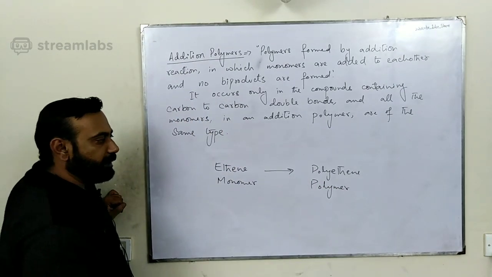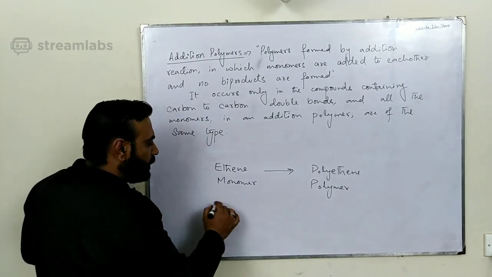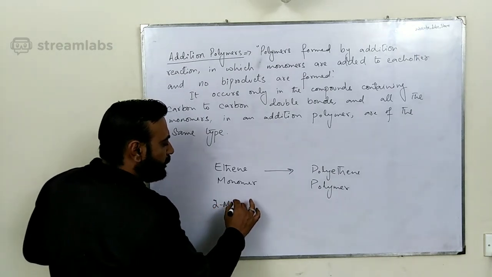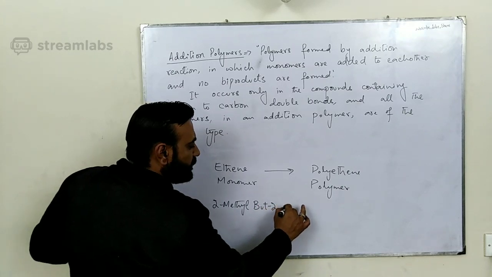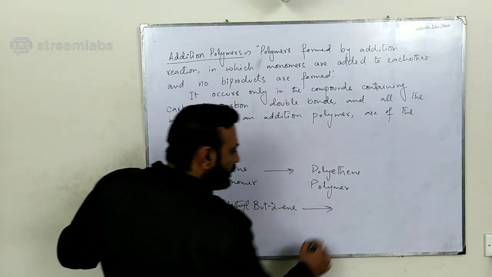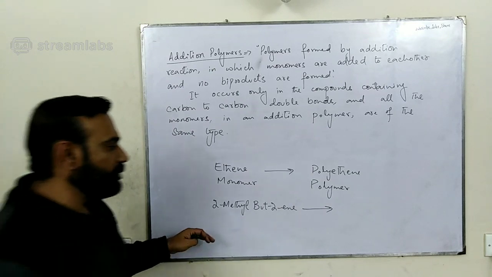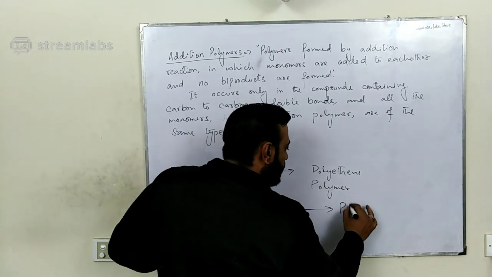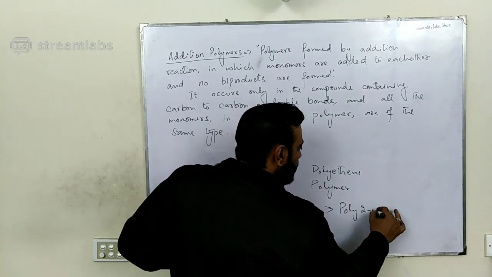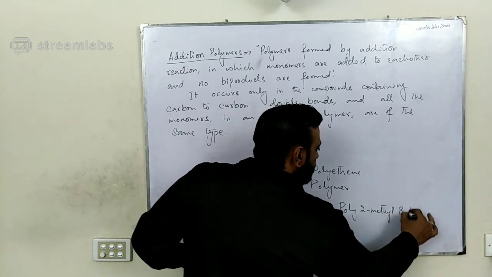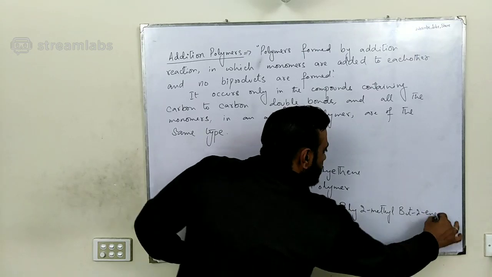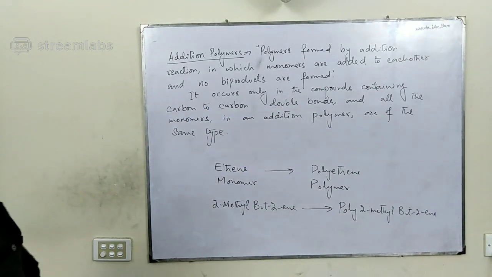This is how addition polymers are named. Suppose we are talking about 2-methyl-butene. This is the name of the monomer. If this is the name of the monomer, the name of the polymer would be poly 2-methyl-butene. So this is how we name addition polymers.